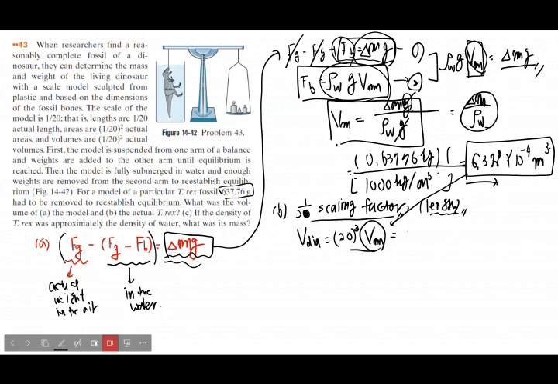That is 5.102 cubic meters, the volume of the actual T-Rex.